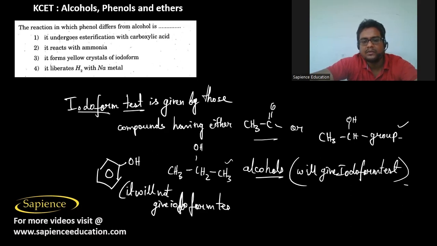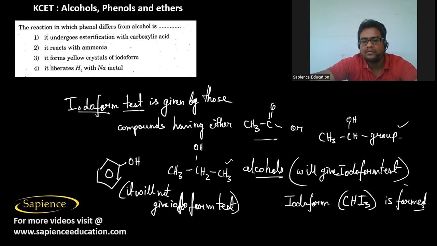Now, in the iodoform test, iodoform, which is the compound CHI3, will be formed. Iodoform forms yellow colored crystals.